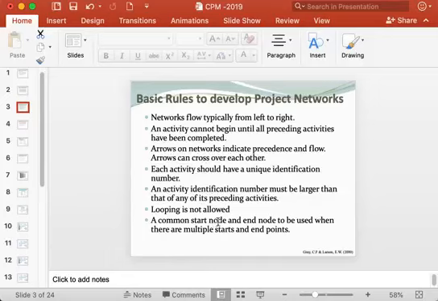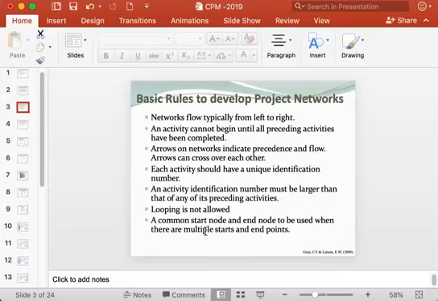You must use a common start node and end node, or finish node, when there is more than one activity starting, or more than one activity ending, or when the project is starting with more than one activity, or finishing with more than one activity.